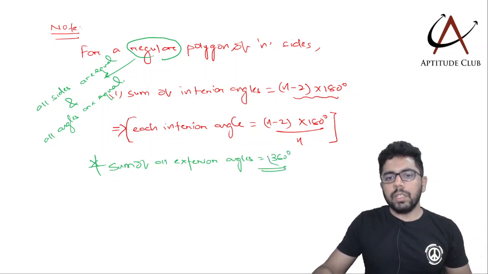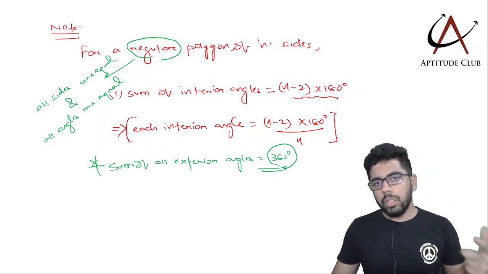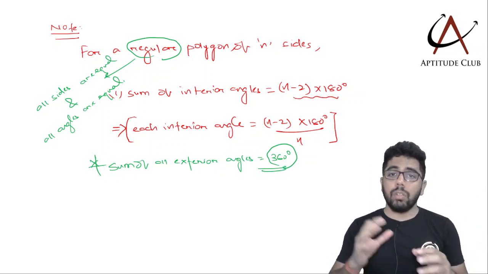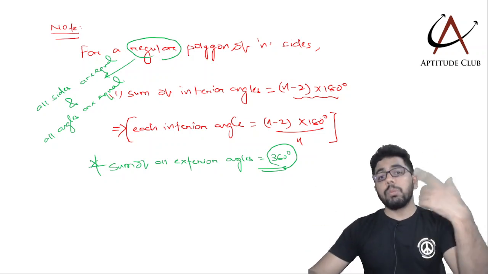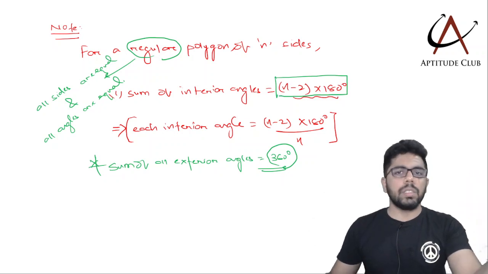Now, the sum of all exterior angles for any polygon is always fixed at 360. Be it a triangle, quadrilateral, pentagon, hexagon, any order polygon, the sum of exterior angles is always a constant 360 degrees. What keeps on changing is the sum of interior angles. And if you know this formula, this question is a cakewalk.